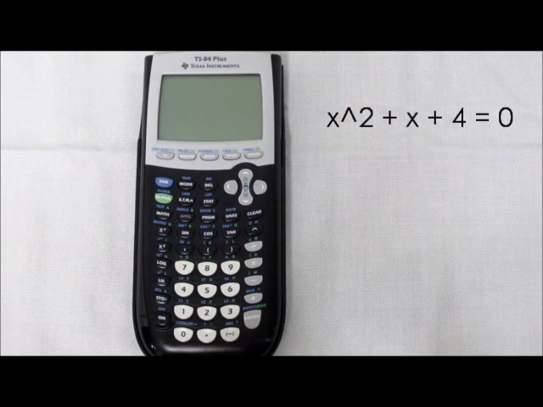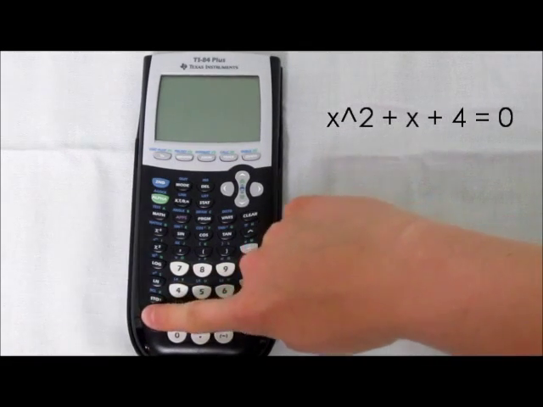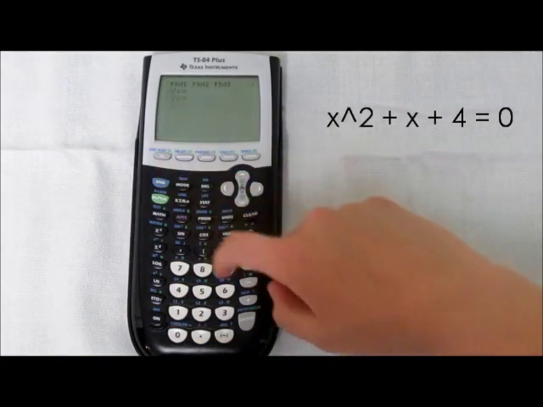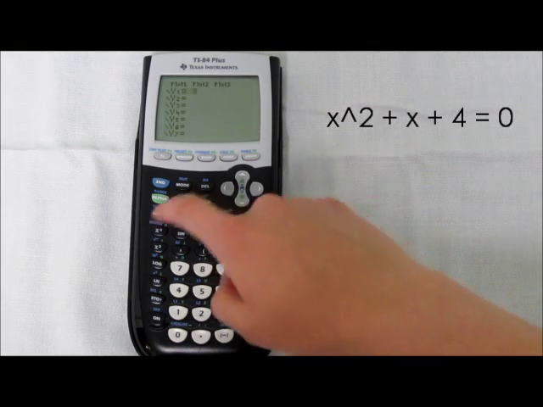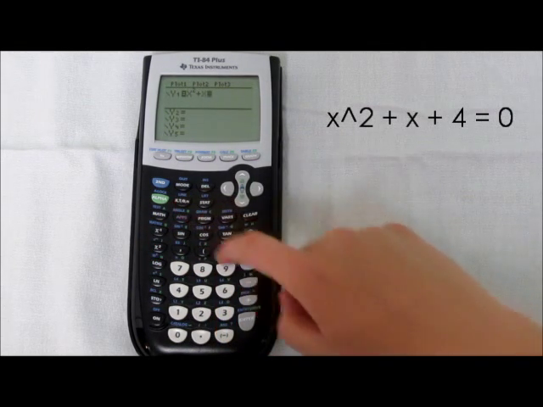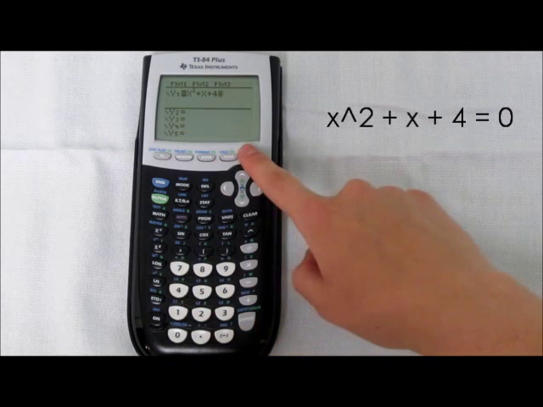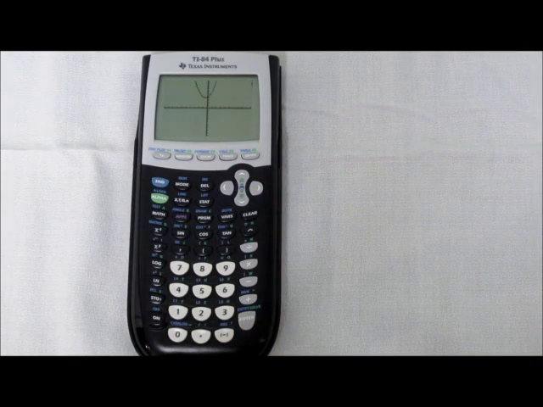To solve this one, we turn the calculator on, press y equals, enter our equation, x squared plus x plus 4, and hit graph. This one is easy. We see that the graph never intersects the x-axis. Therefore, this quadratic equation has no solution.